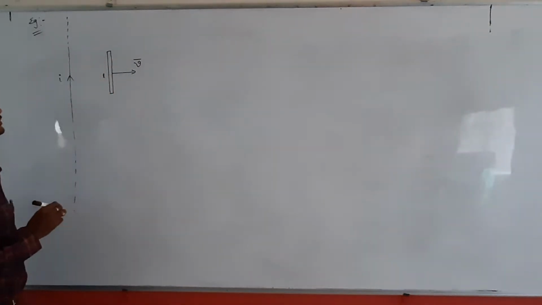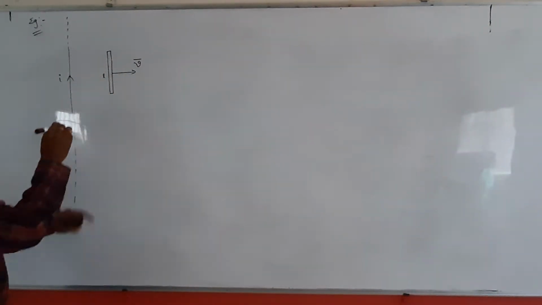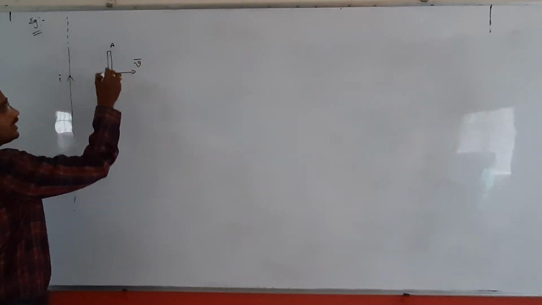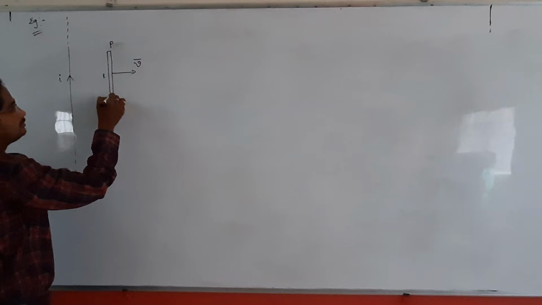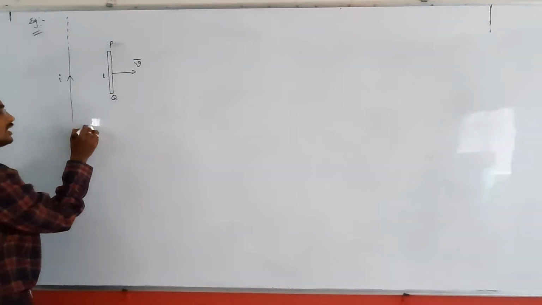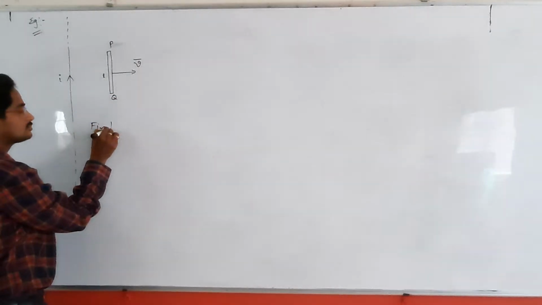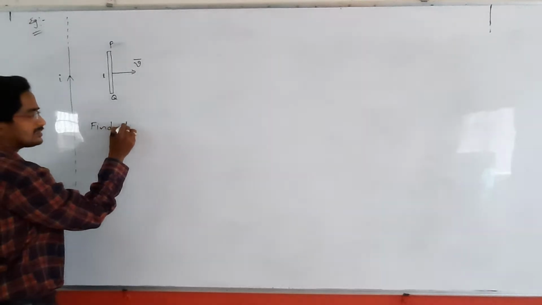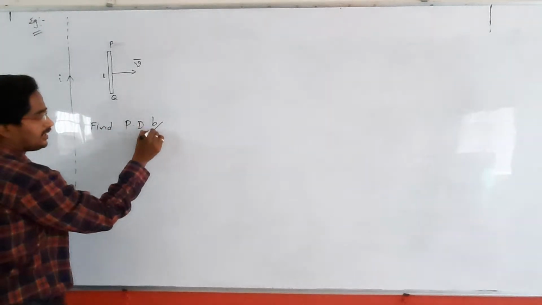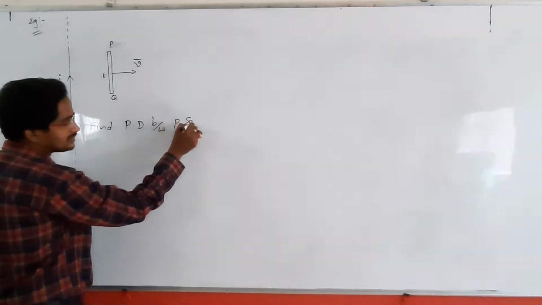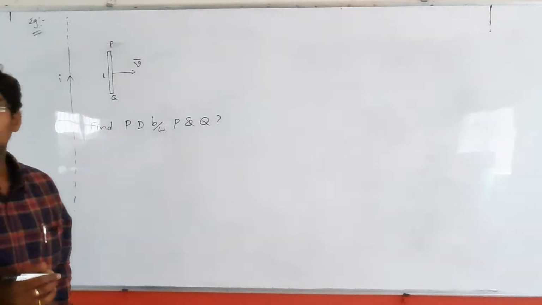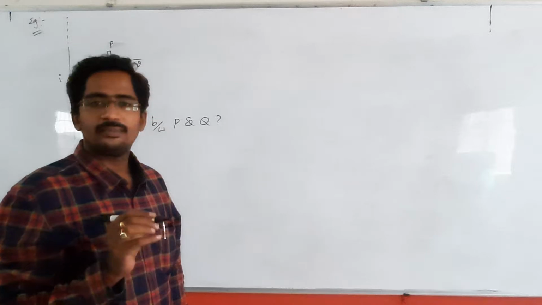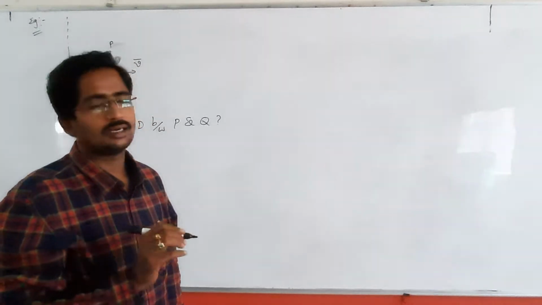If you mark the ends of the rod as P and Q, the question is to find the potential difference between P and Q, that is, the induced EMF across the rod.